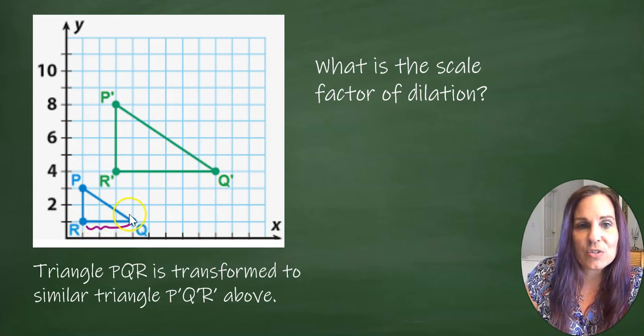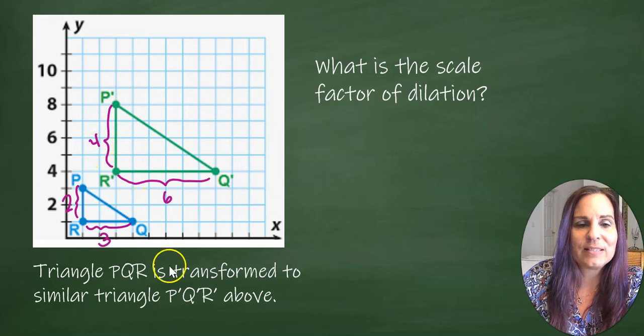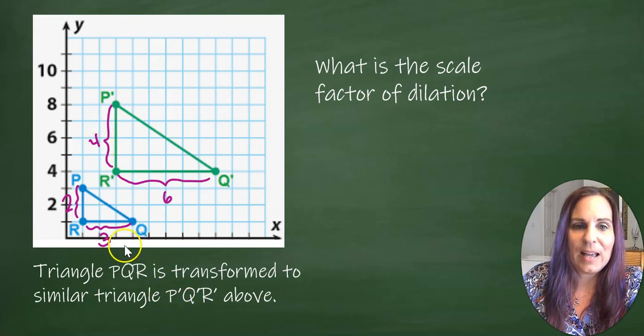Here, my original side length is 3. This is the base of my triangle. My original height is 2. In the new triangle, my base is now 6, and my new height is 4. So how do I get from 3 to 6 or from 2 to 4?